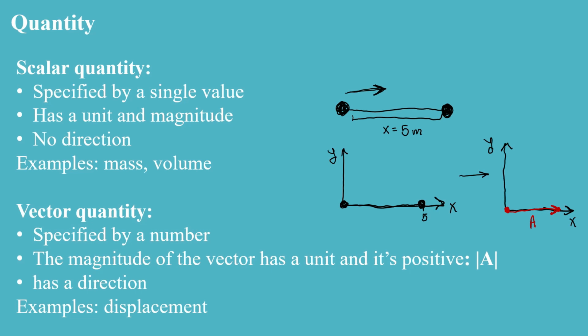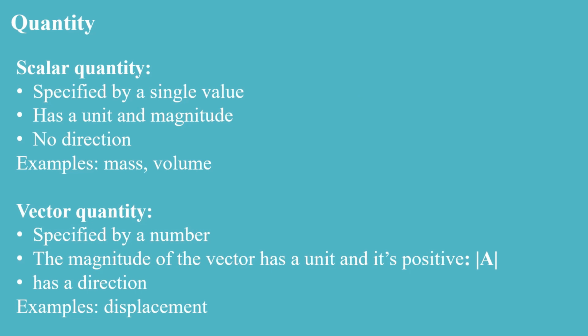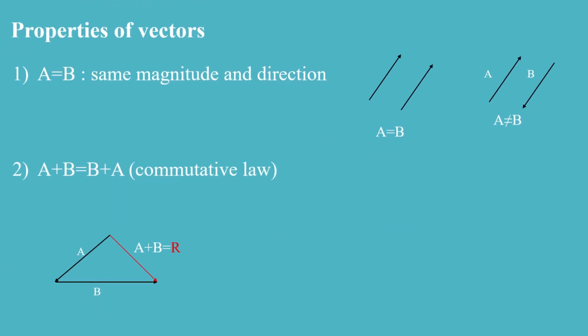Now let's look at some properties of the vector. The first property is that vectors can be equal to each other. That means they must have the same magnitude and direction. For example, here you can see A and B are equal to each other because they have the same magnitude and direction.